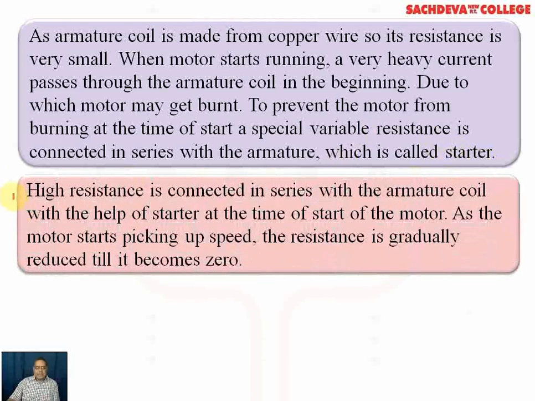High resistance is connected in series with the armature coil, so the effective resistance of the armature and high resistance will be very high. High resistance is connected in series with the armature coil with the help of the starter at the time of start of the motor. As the motor starts picking up speed, the resistance is gradually reduced till it becomes 0.